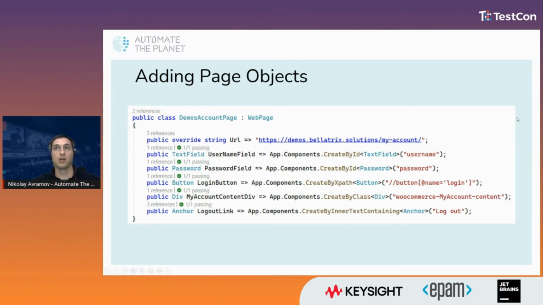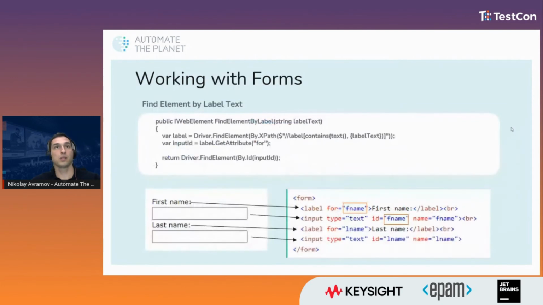So another improvement that we tried to make was to start working with the forms based on their visual aspects. What do I mean? If you have a form which looks like that, with first name and last name, we have labels and we have inputs. The user doesn't know about the ID if he doesn't inspect, of course, but he sees that first name label.